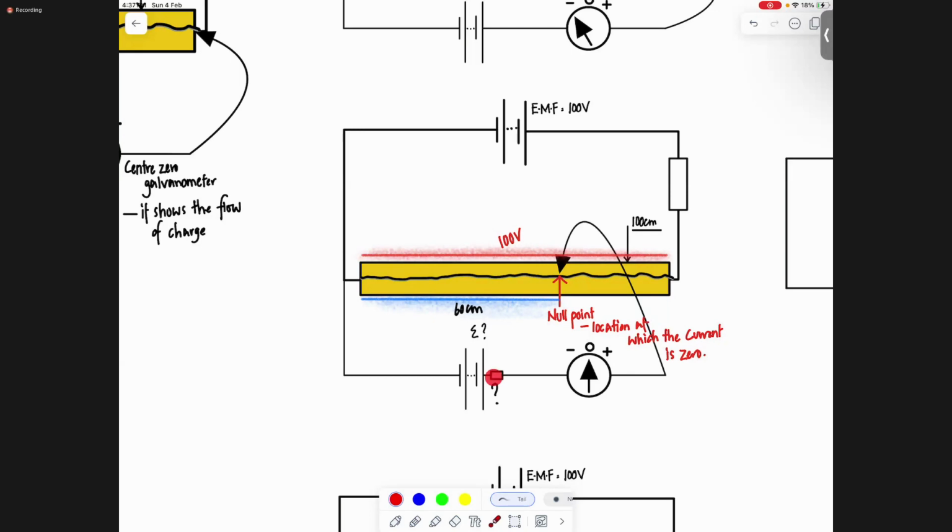Now can you tell me, because of the internal resistance, what the value will be? Will it be more than 60, less than 60, or 60? This is actually a very good question.